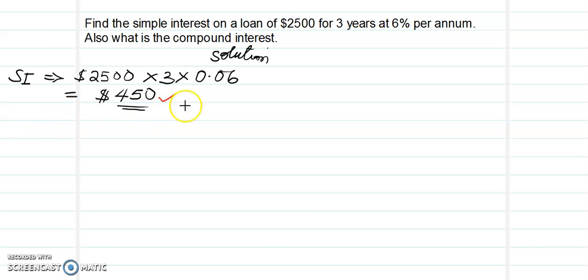Now the compound interest, in this case, it's accumulated. In compound interest, what I'm going to do first of all is that since the percentage of the amount is increasing, I will have 100 plus 6%.